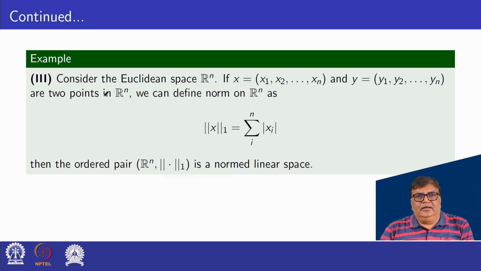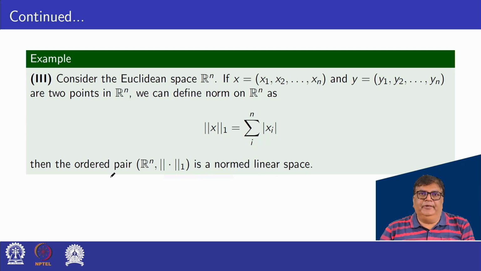Next example. Consider the Euclidean space Rn. If x equals the n-tuple x1, x2 and so on xn, and y equals y1, y2 and so on yn are two points of Rn, we can define a norm on Rn as norm x1 equal to summation of mod xi, i equal to 1 to n.